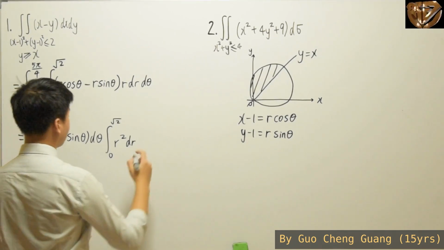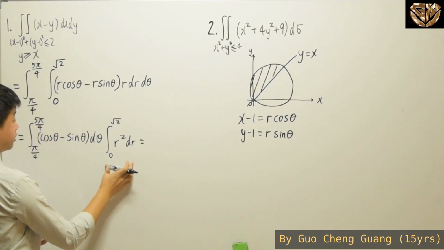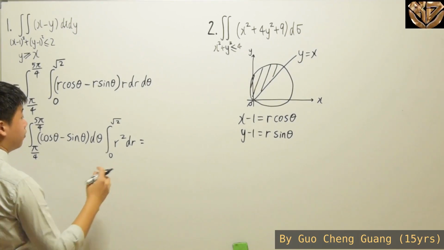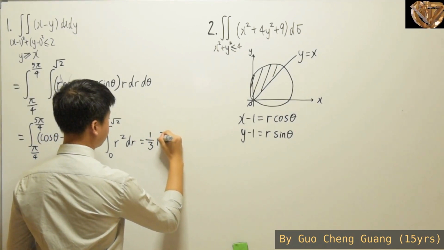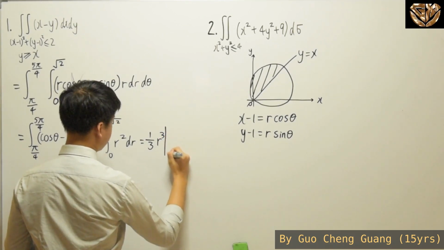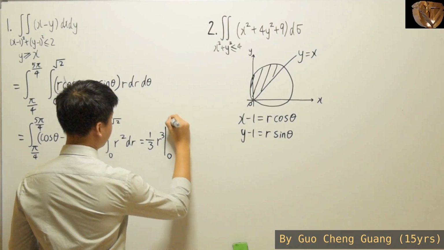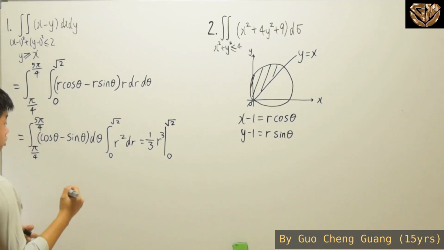For the second part, when you integrate r squared, you will have 1 over 3 r cubed, and you have to substitute in r equals 0 and r equals square root 2.